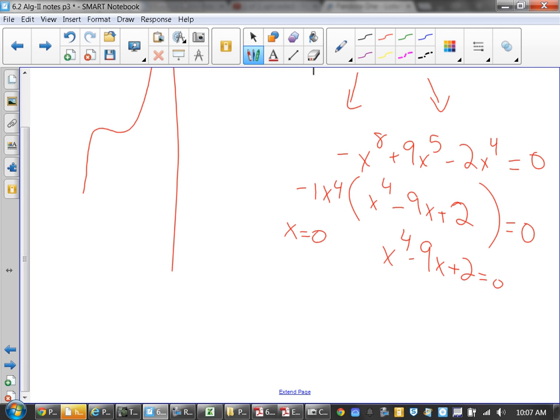Remember that? Synthetic division allows you to find zeros of polynomial functions. It's pretty sweet. I get all excited about polynomials. It's a very easy process to do.